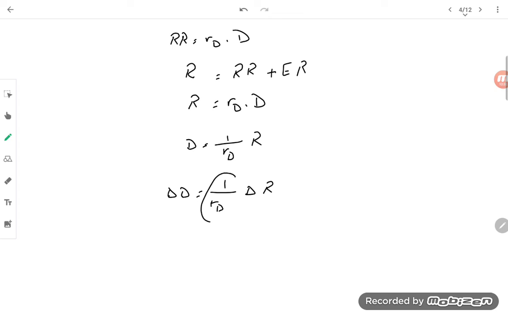This is known as the simple deposit multiplier.